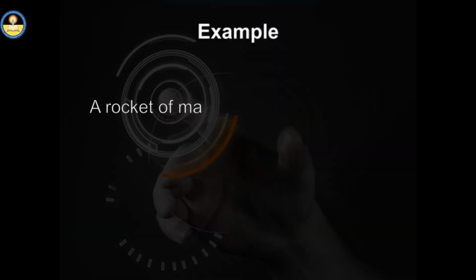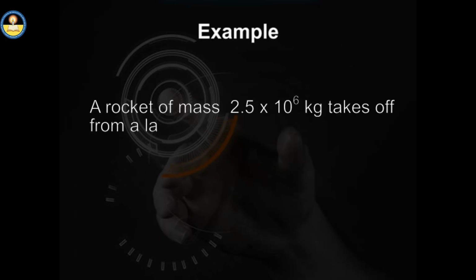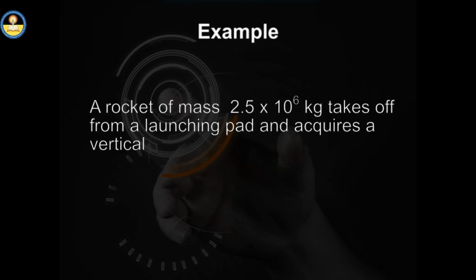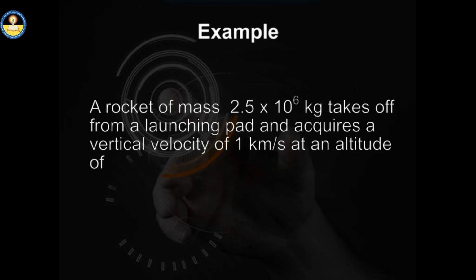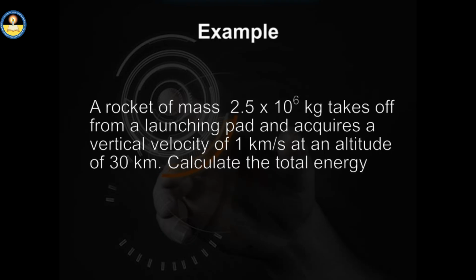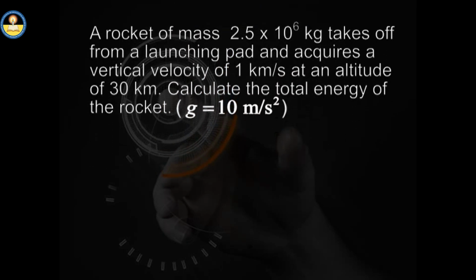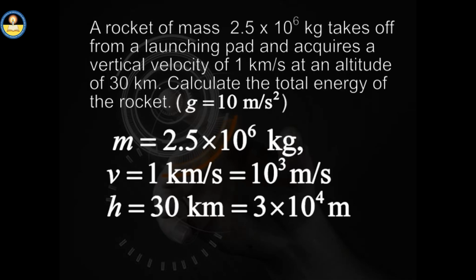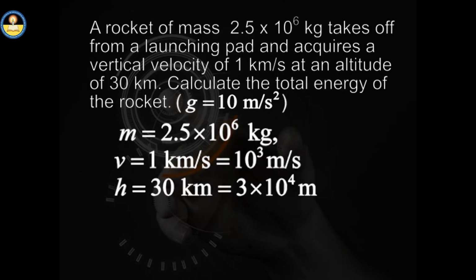Let's see an example. A rocket of mass 2.5 multiplied by 10 to the power 6 kg takes off from a launching pad and acquires a vertical velocity of 1 km per second at an altitude of 30 kilometers. Calculate the total energy of the rocket. First of all, let us convert all the values into SI units.